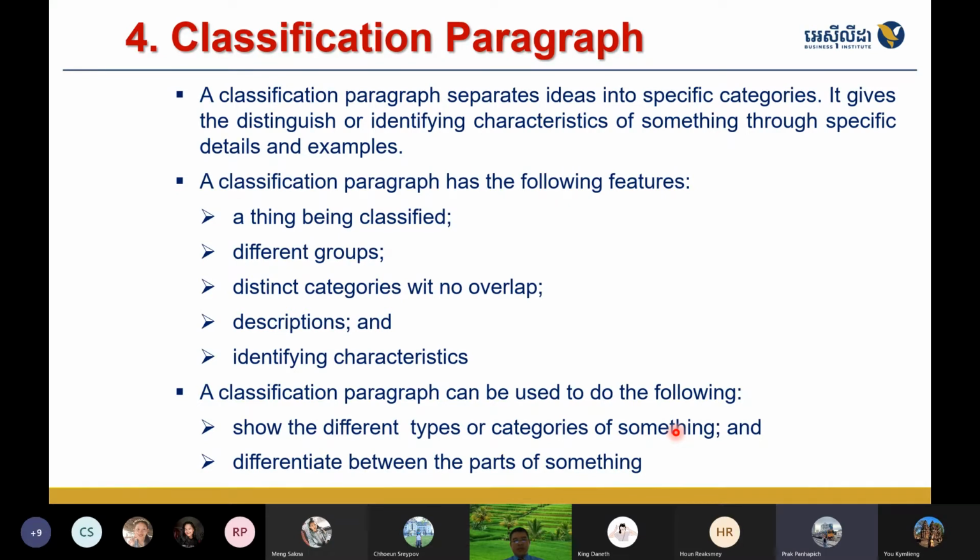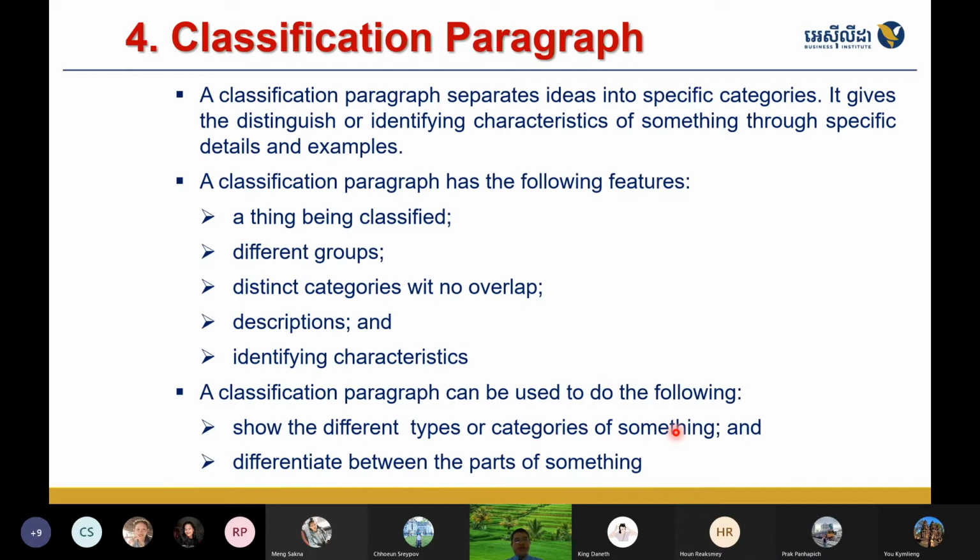A classification paragraph has the following features: things being classified into different groups, distinct categories with no overlap, descriptions and identifying characteristics. A classification paragraph can be used to show the different types or categories of something and differentiate between the parts of something. Okay, so thank you, Panyapet.